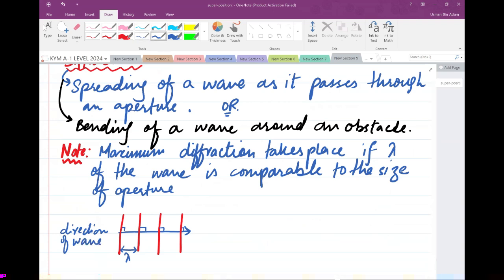So when this wave passes through a cardboard that has a small hole in it, the aperture, these wave fronts are going to become curved.